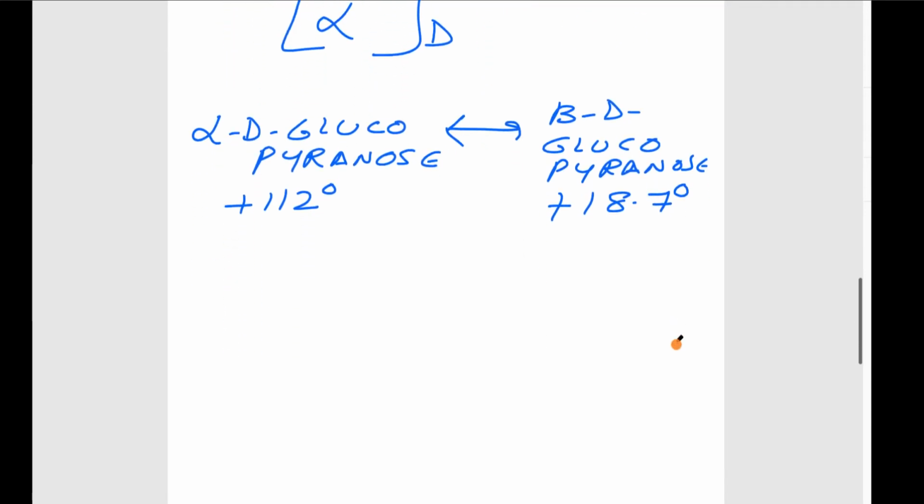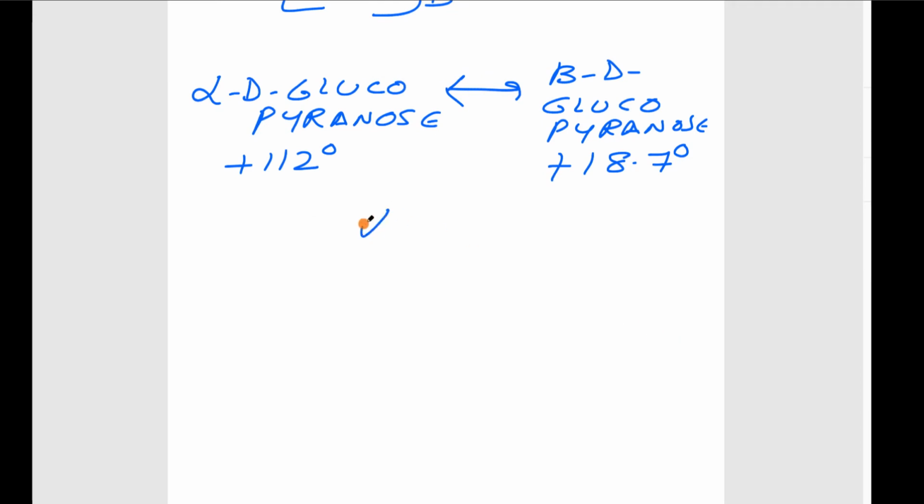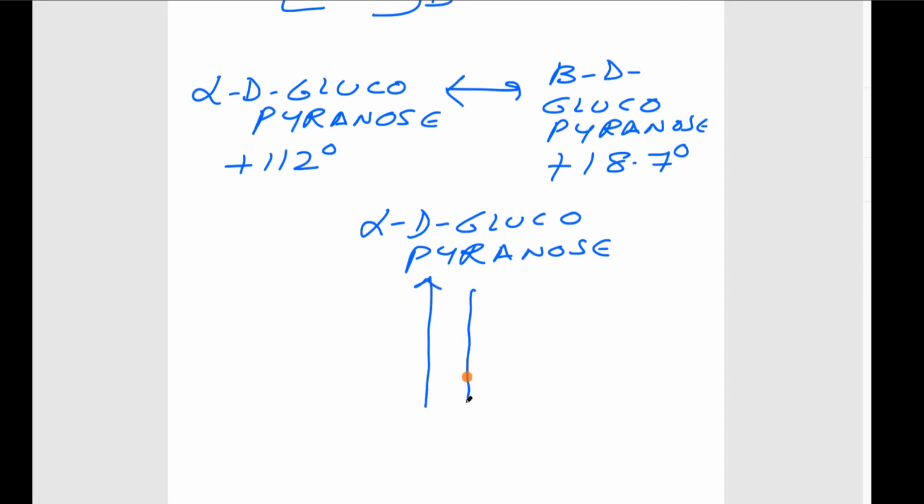In the solution, alpha D glucopyranose, during the interconversion, first attains the acyclic form.